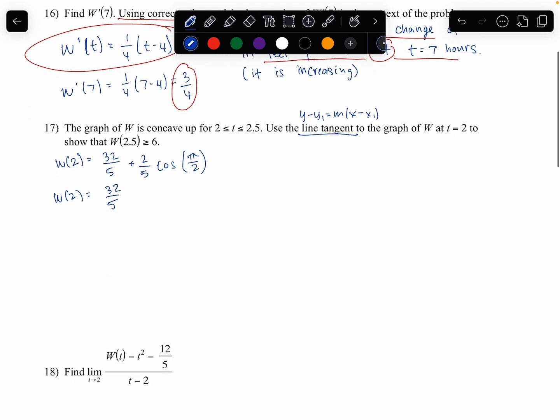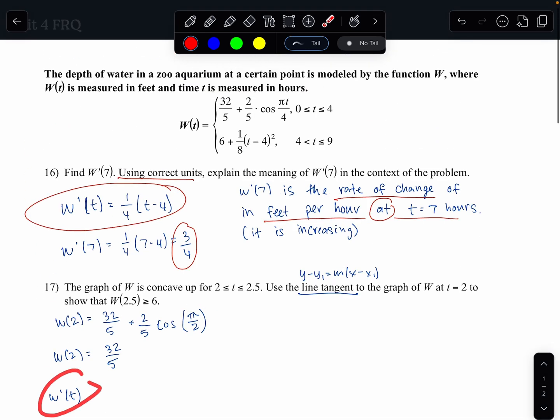I also need W prime of 2. So W prime of t, and this W prime won't be the same as the other W prime because I'm using a different part. When I take the derivative, the constant part is 0. For this part, I don't have to use the product rule because 2 fifths is just a constant. So I just multiply the derivative of this by 2 fifths.